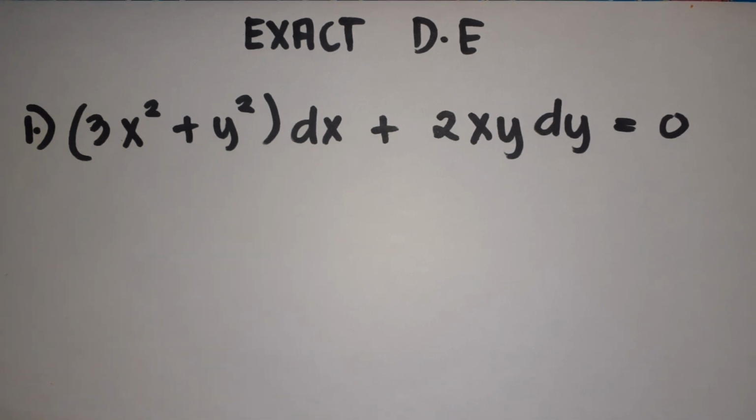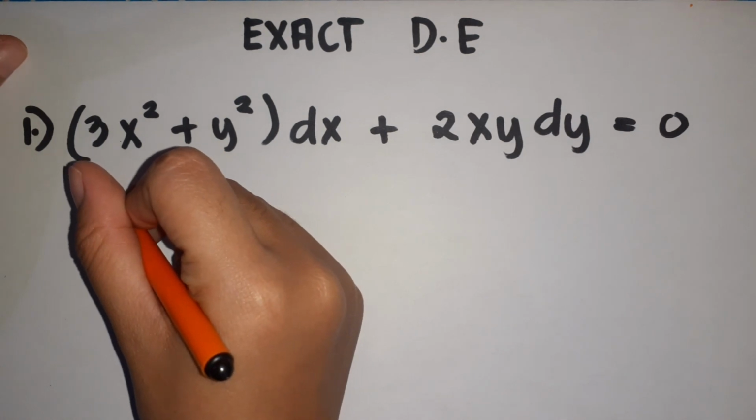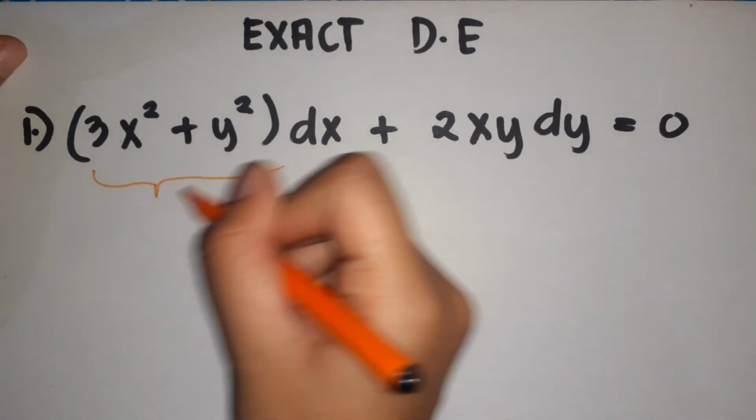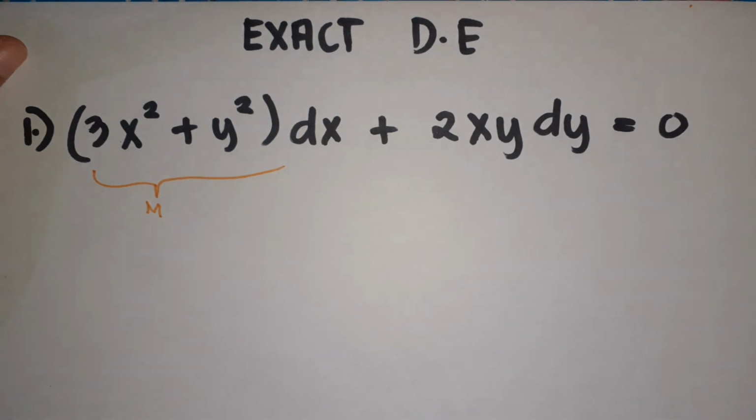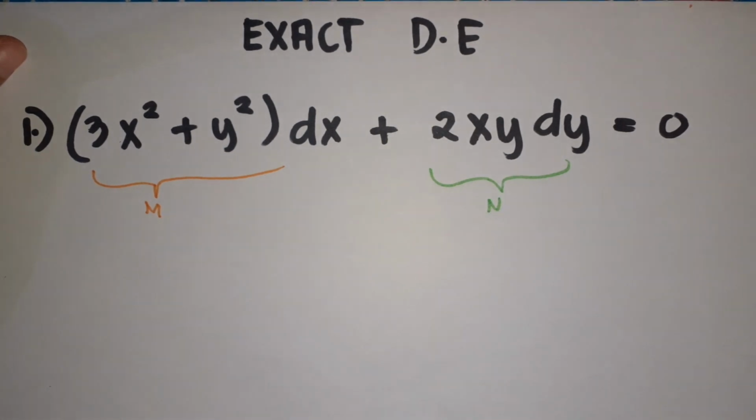This will be our function M and our function N. The first thing you have to do is test the exactness of both functions.